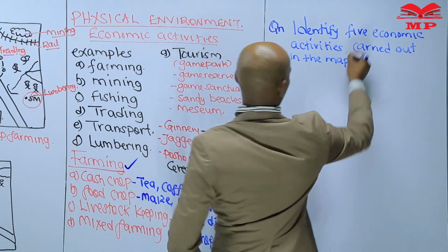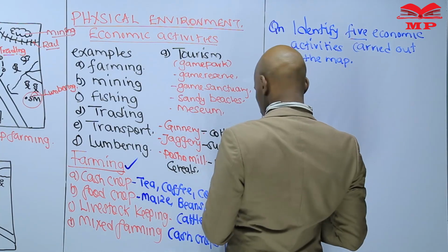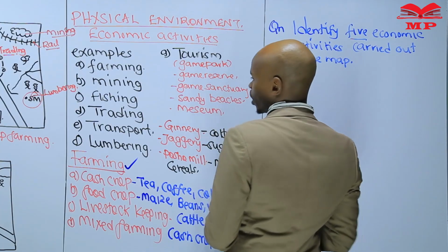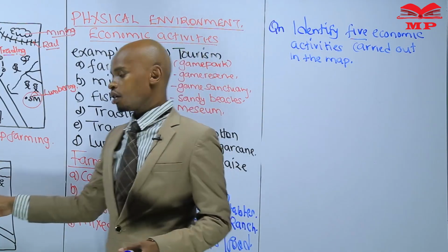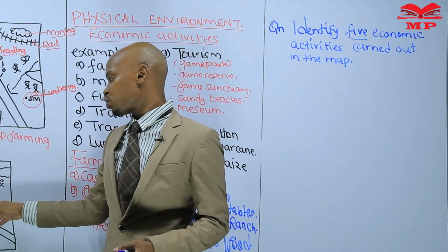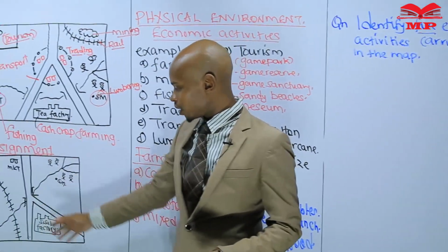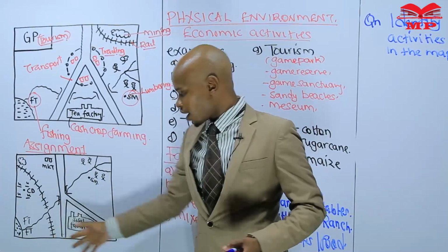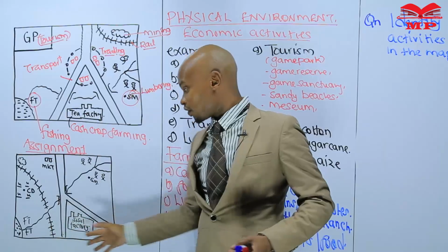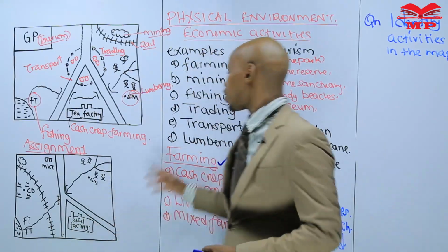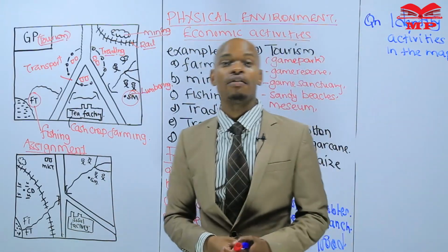Identify 5 economic activities carried out in the map. And when I'm talking about the map, this is the map that I'm referring to. You will come and identify 5 economic activities that are carried out in this map according to what we have done.